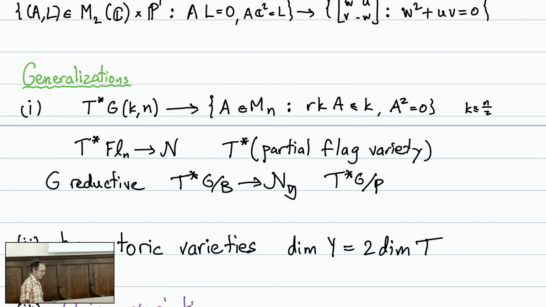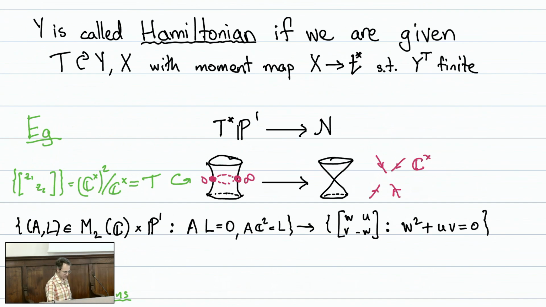And another way of characterizing what is a hypertoric variety is essentially the case where the dimension of Y is twice the dimension of T. Well, you might be used to a toric variety has an action of a torus, and the torus has a dense orbit, so the dimension of the torus acting is the same as the dimension of the variety. A hypertoric variety is a kind of cotangent situation, so the dimension of Y is actually going to be twice the dimension of the torus. You might notice that this one is a hypertoric variety, at least the torus acting is one-dimensional and the variety is two-dimensional.